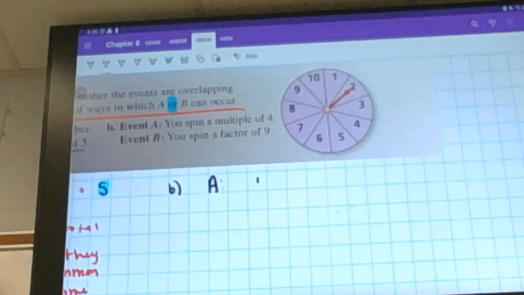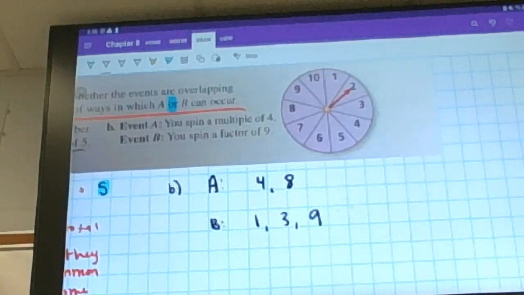A multiple of 4 is just 4 and 8. Okay, multiples are high numbers. B, a factor of 9 is 1, 3, 9. Here they are. Is this what you came up with, Jake? Do they have any in common? None in common. There's a word for that.